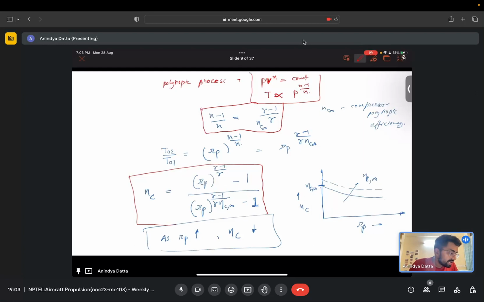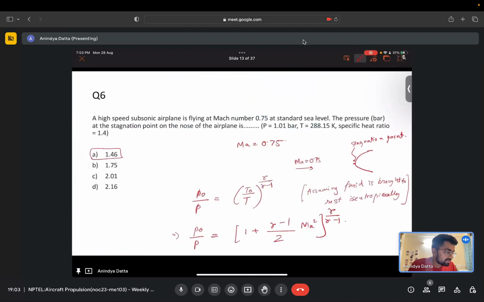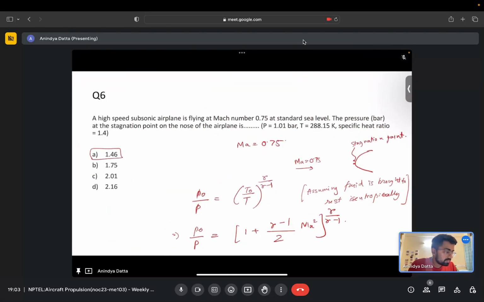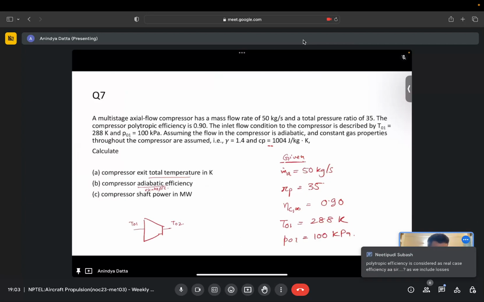Like if we assume the pressure ratio is equal to 1, we'll find that the isentropic efficiency is equal to the polytropic efficiency. So in the same problem that we did, that was with the pressure ratio of 35.